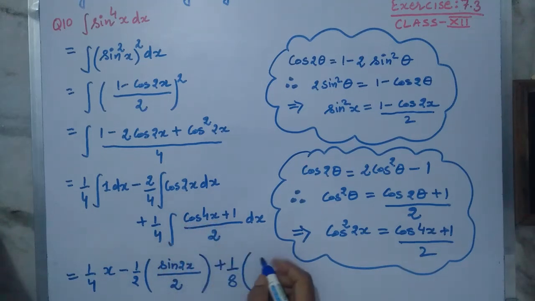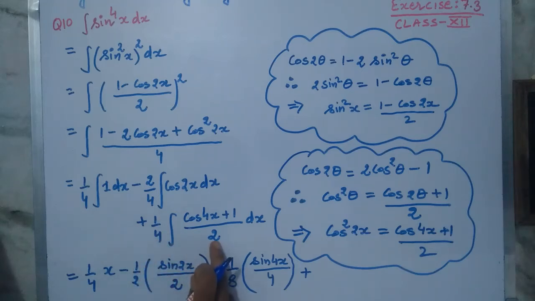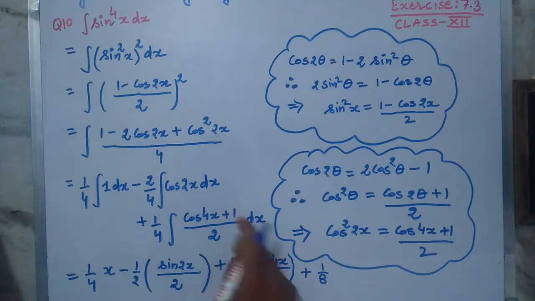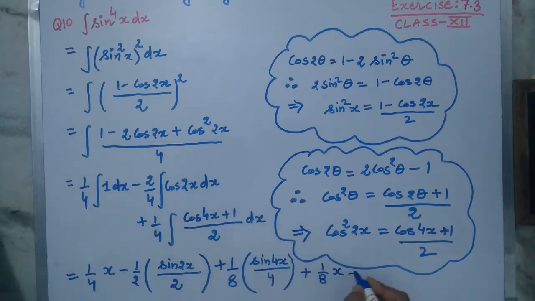Integration of cos 4x is sine of 4x divided by the derivative of 4x, which is 4. Last is plus 1 by 4 into 2, 1 upon 8. Integration of 1 is x plus c. So this is the final answer to the question.